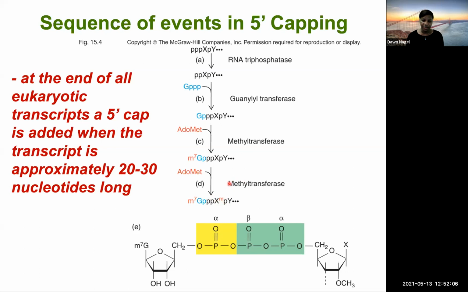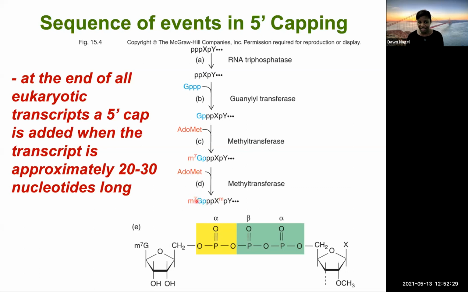And once you have this addition of this 5' cap added to this end, then you will have a cap binding protein that gets added to this end. It will recognize the cap, and this cap binding protein will then be added to this 5' end.